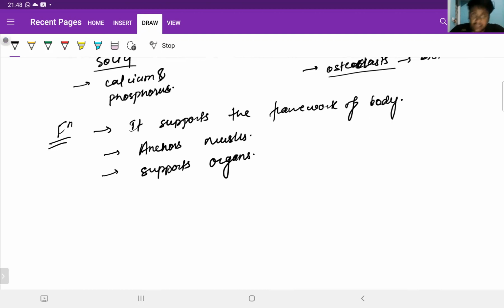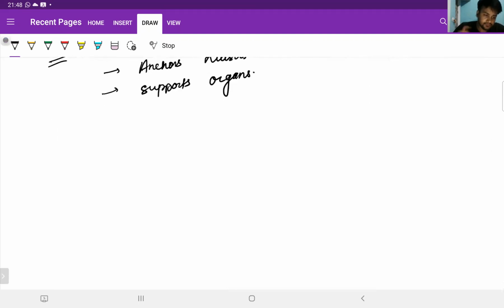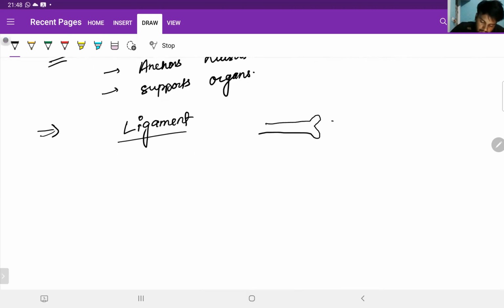Now, let us quickly talk about some of the other types of connective tissue. The one that we are going to talk about is ligament. What is ligament? Let us say there are two bones here, and this ligament is something which is going to connect these two bones, right? So bone to bone connection is done by ligament.